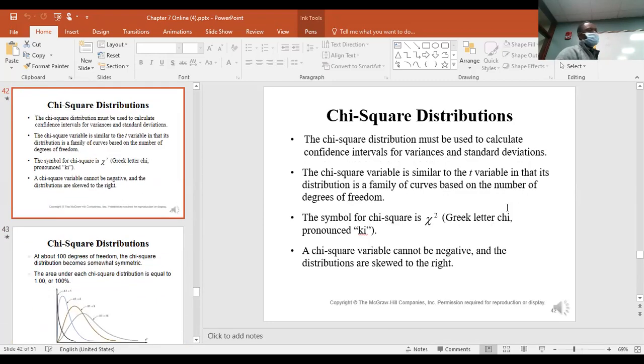Confidence interval for variance and standard deviation. The chi-square distribution.